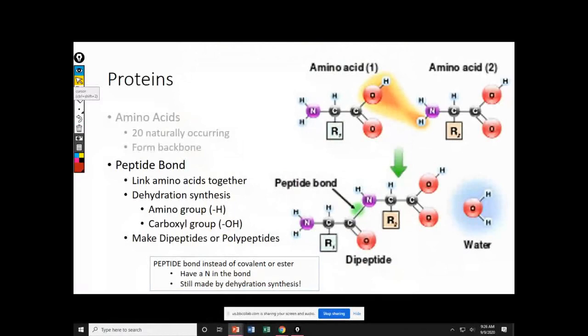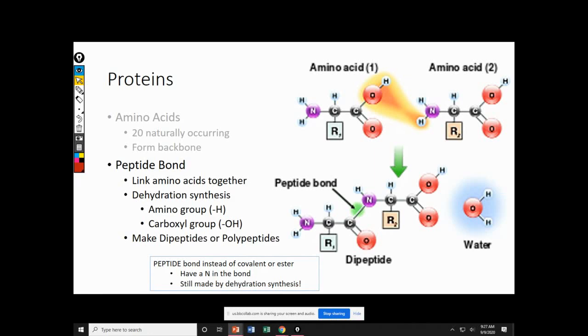Let's look at that closer then. Like before, like we did with our lipids and our carbs, when you want to make bigger chains, we can combine them. If I have two small amino acids and I want to make a large chain or one large group, am I using hydrolysis or dehydration?